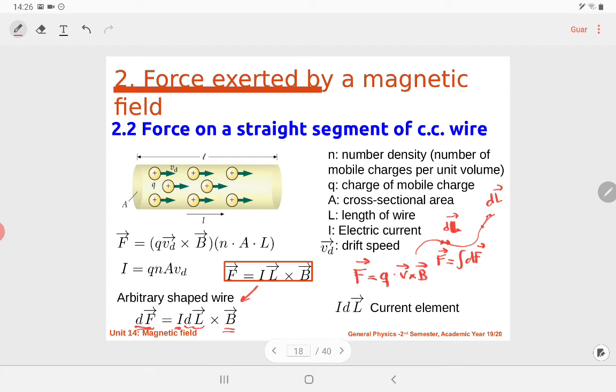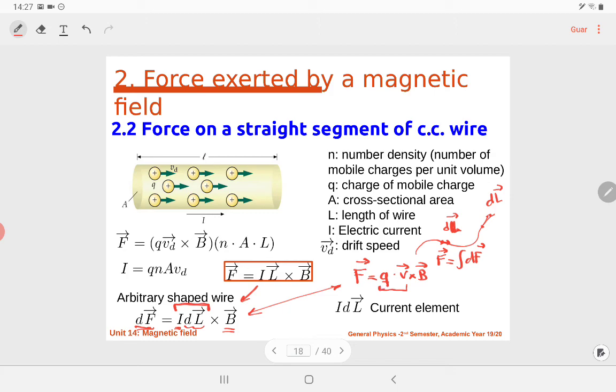Okay, I want to bring back the idea of the force exerted on just a single particle, which is this, to show you that there is a relationship. So here Q times v, the velocity, in this other expression is I times dL.